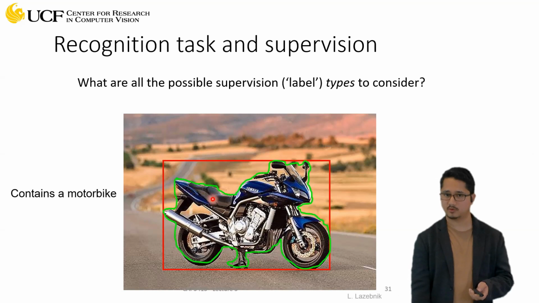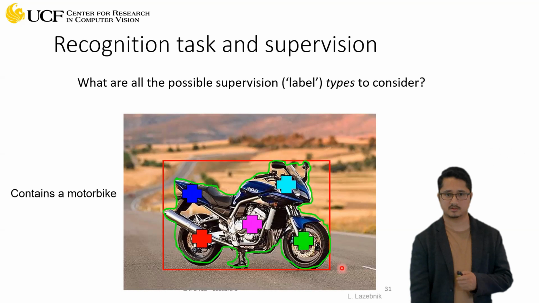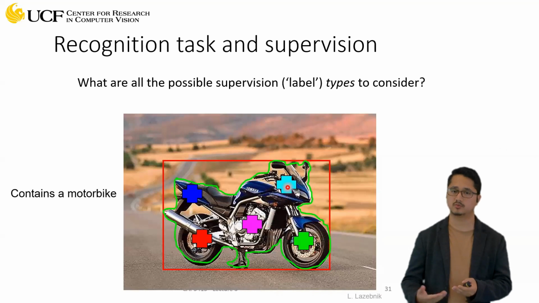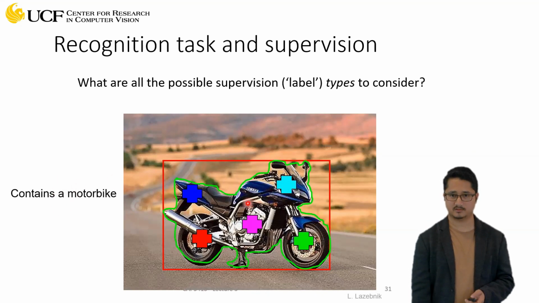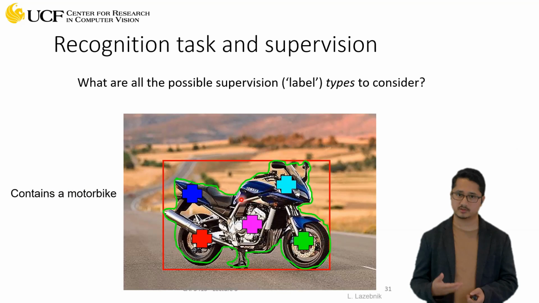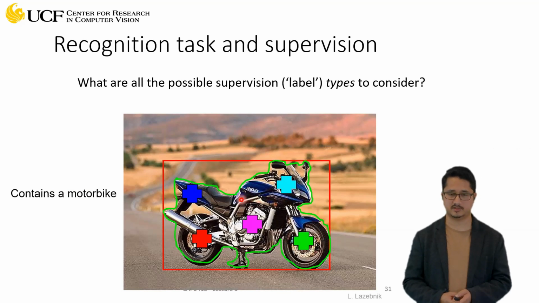If you want fine boundary or pixel-wise segmentation, you might need this kind of boundary. Or you can also do very fine-grained recognition, where you are trying to detect whether this is a motorcycle seat, a wheel, an engine, or a mudguard. So it's going into more detail. Now you can see that as we move away from classification to more fine-grained detection tasks, the annotation effort is increasing.